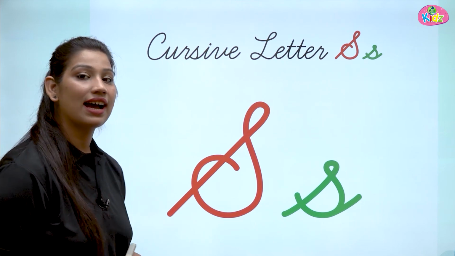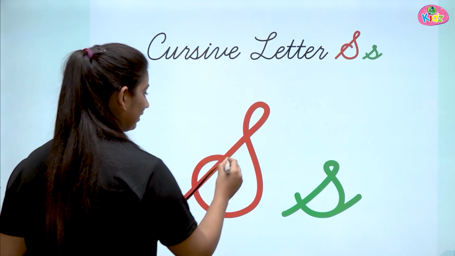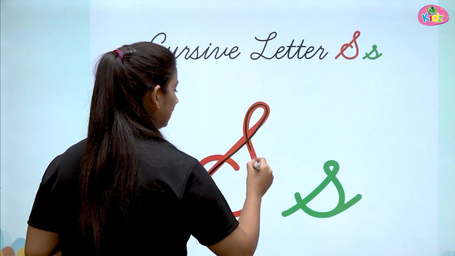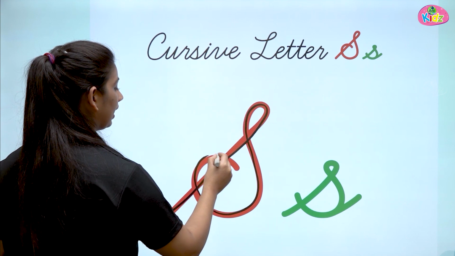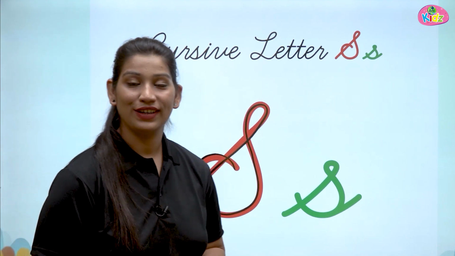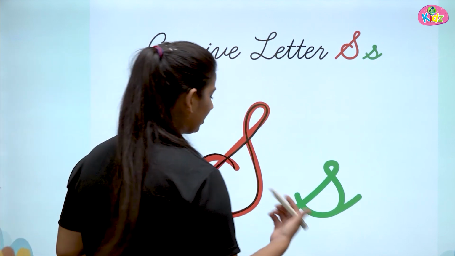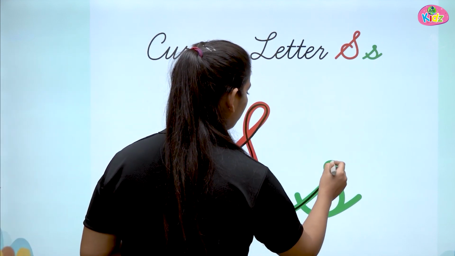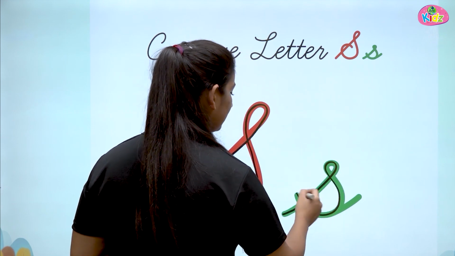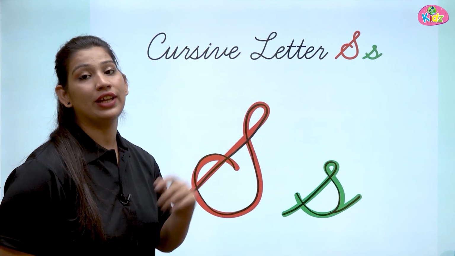Let us understand how to make it. Make a slanting line, curve it, and like this. This is capital cursive S, small cursive s. It's same. You just have to make a curve like this, and at side you have to make a small curve line.